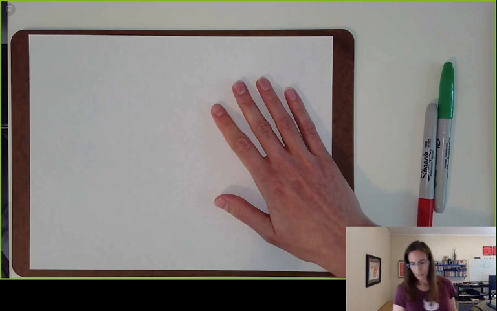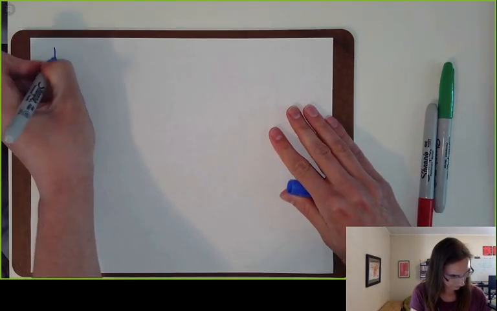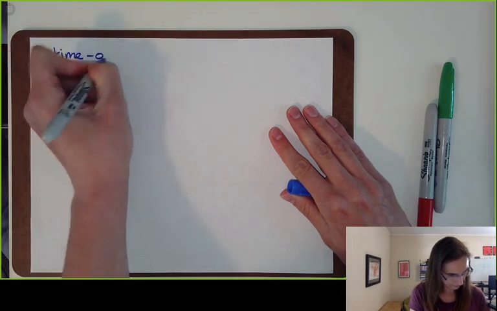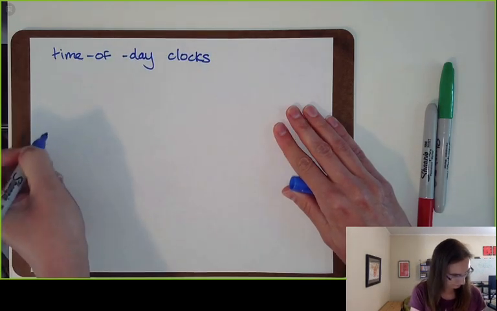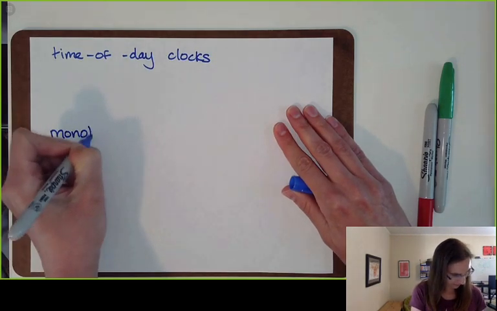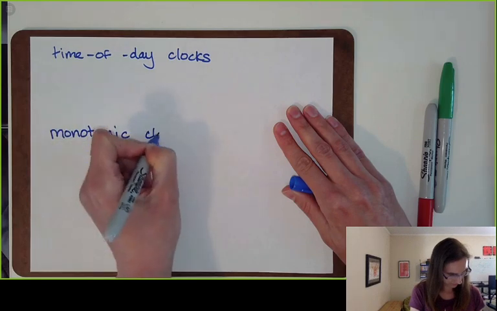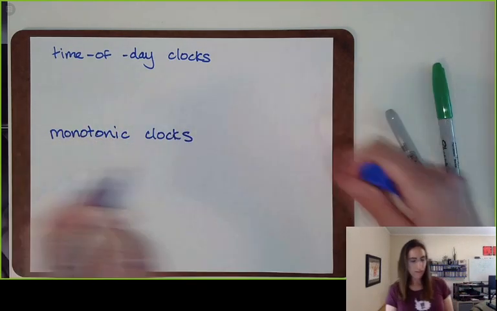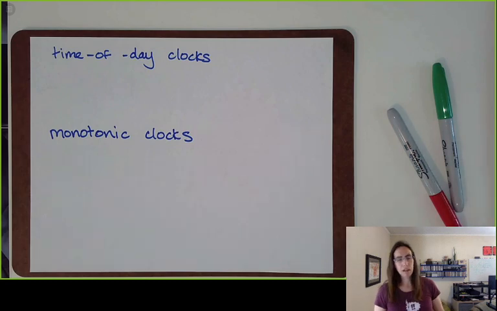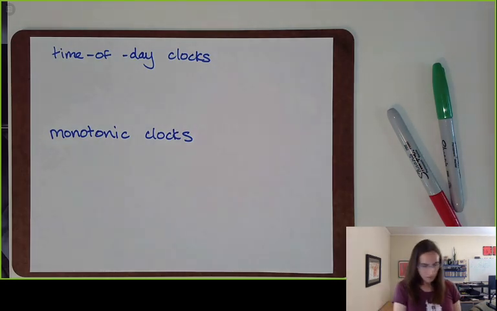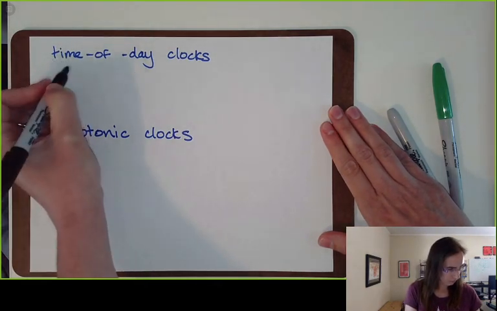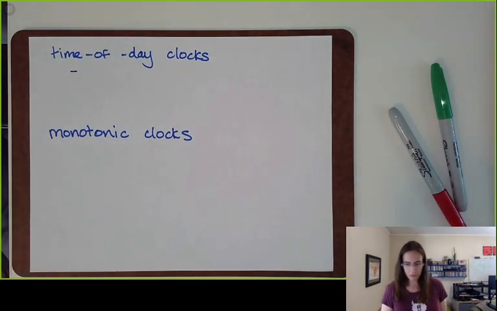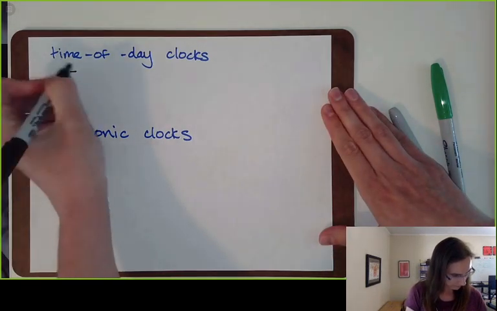In particular, they have both what are called time of day clocks and monotonic clocks. So a time of day clock is not so good for measuring things like durations or intervals. So a time of day clock quite simply tells you what time of day it is.